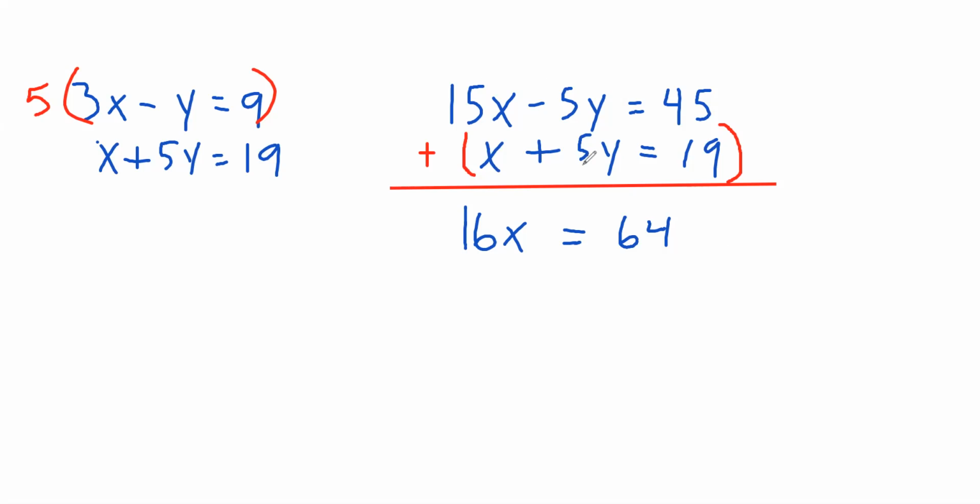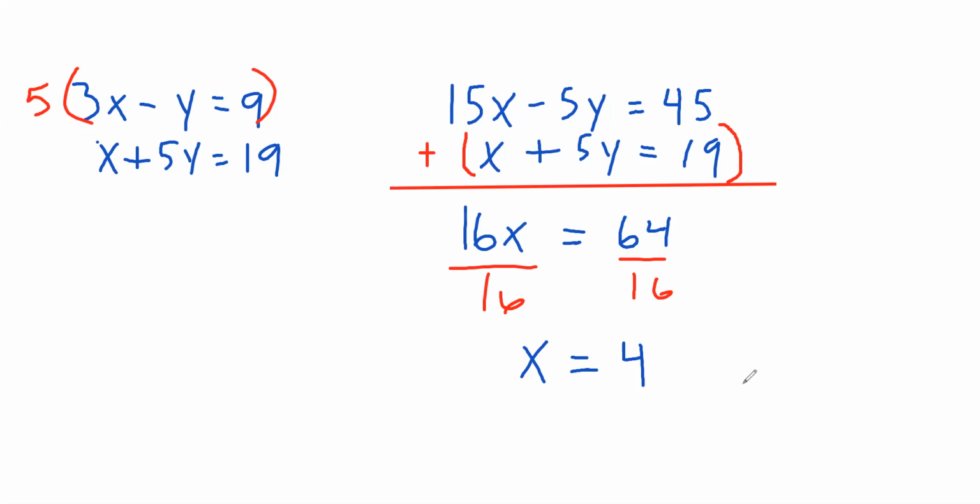So bada bing, bada boom, I have eliminated one variable entirely. That's why it's called the elimination method. Now I just need to divide both sides by 16. And you might know 64 divided by 16 is exactly 4.